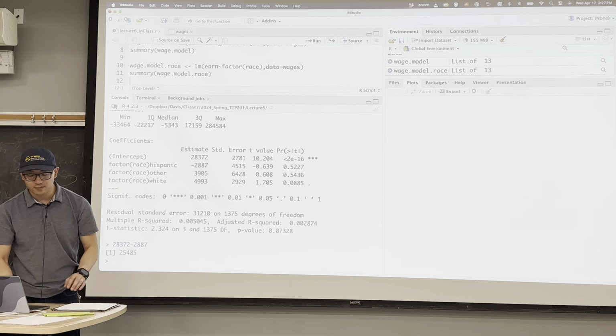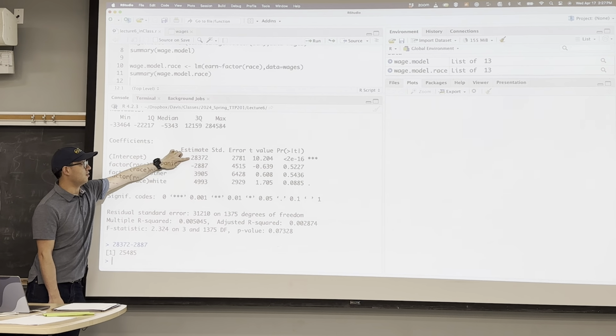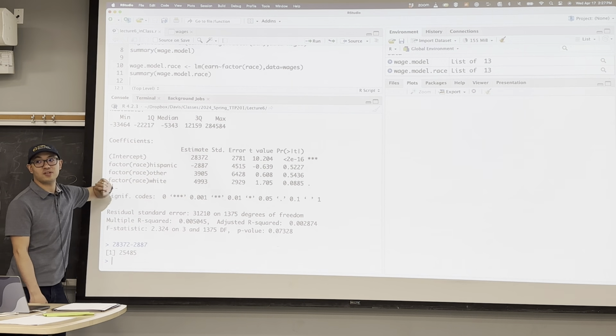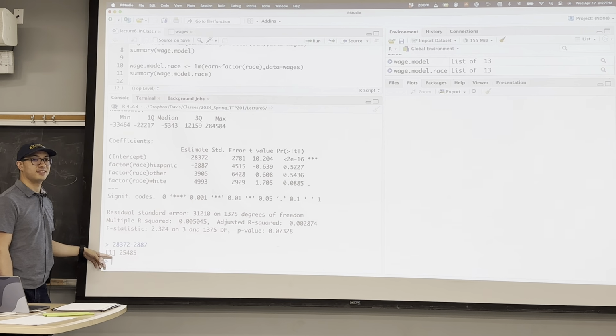So this would mean that, if you're Hispanic, the average wages that we see in this data set are 25,485, okay? So these describe the differences from the baseline, and then the absolute value is the sum of the baseline plus the coefficient that you were looking at. Okay?